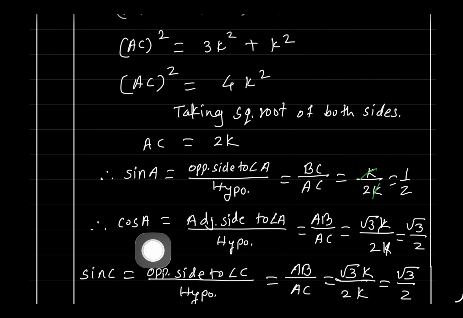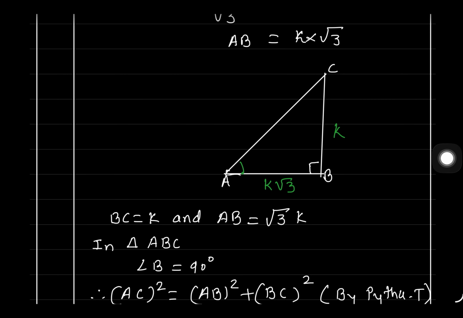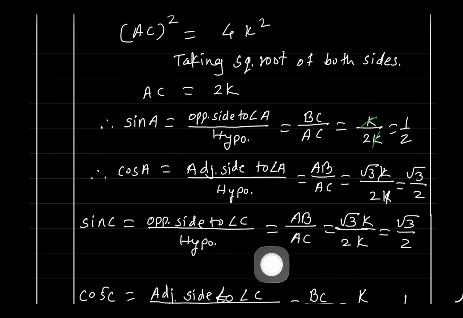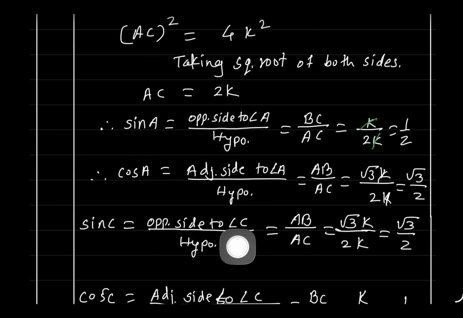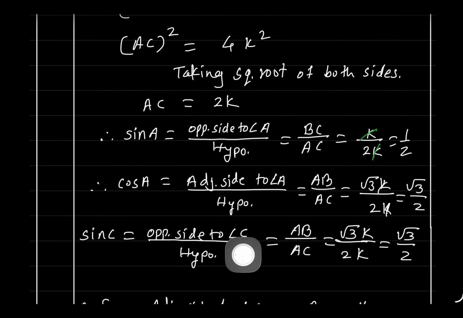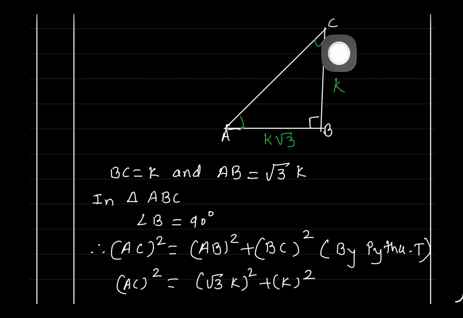Now sin C. For sin C, this angle is considered. Sin C is the opposite side to angle C upon hypotenuse. The hypotenuse is already AC, and the side opposite to angle C is AB.